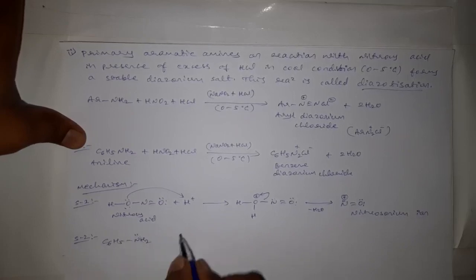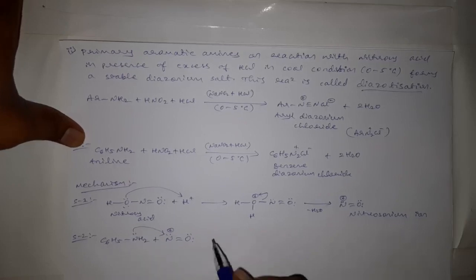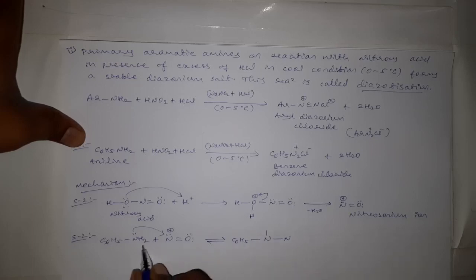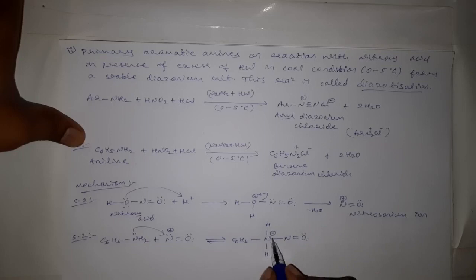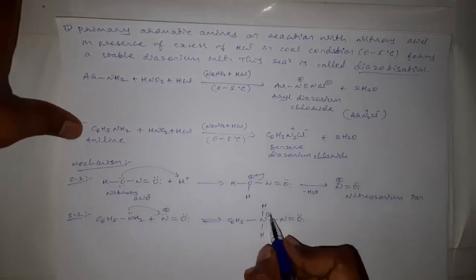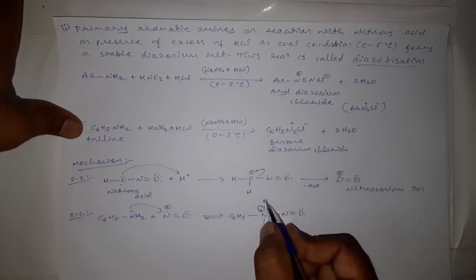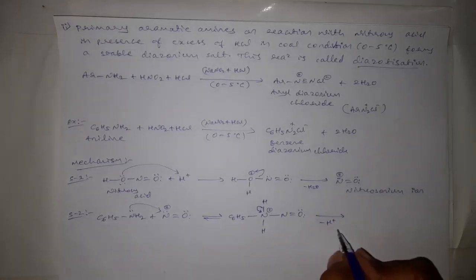And in the next step, C6H5NH2, that is primary aromatic amine, will react with this nitrosonium ion, and it will donate these lone pairs of electrons towards this nitrogen, and it will form C6H5N, here two hydrogens are there, H H, and as it is forming four bonds, it will get a positive charge, double bond O. As it is getting a positive charge, it becomes unstable, and to get stability, it will drag these bonded pairs of electrons towards itself, and this hydrogen will go as H plus, that is deprotonation takes place here.